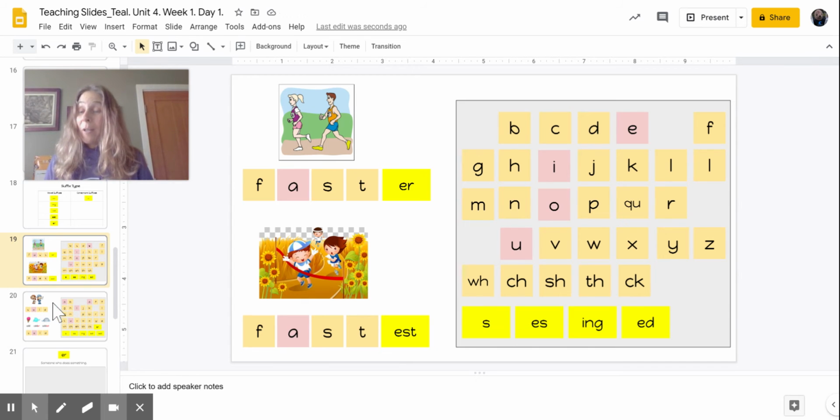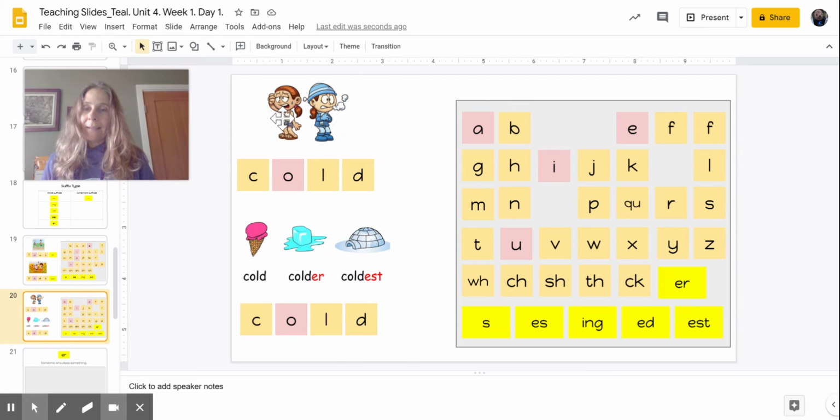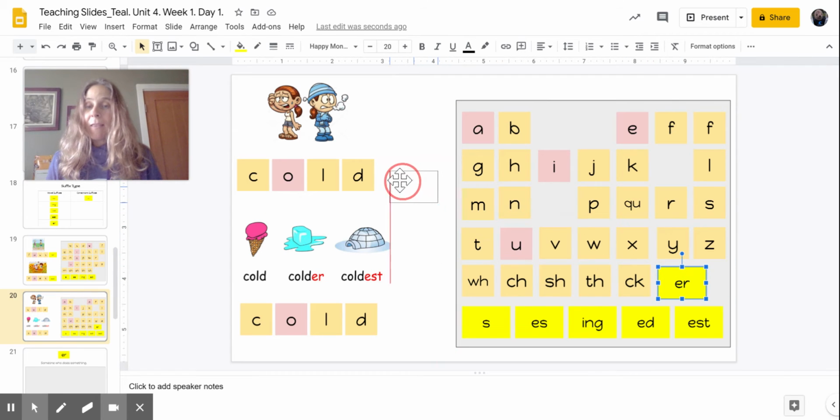Now let's look at one more example, and then we're going to do some writing. Ooh, let's see. She looks hot. Look, she's even wearing shorts and a tank top and sandals, and she's sweating. She's hot. She is colder than her, for sure. Look, she's all bundled up and she's breathing steam because she's so cold outside. So she is colder than the other girl.